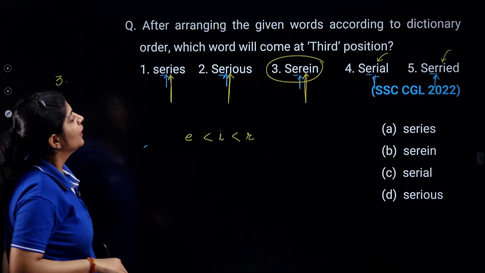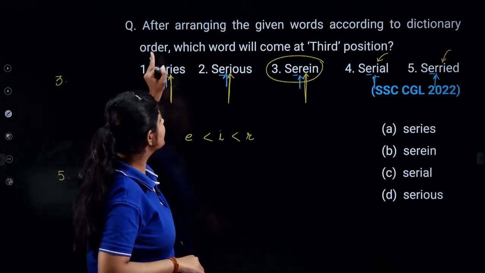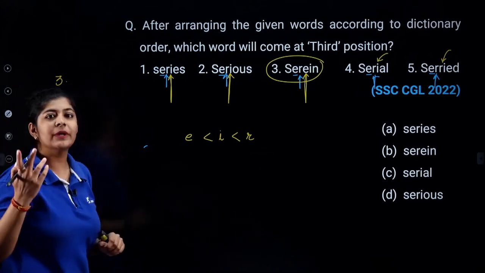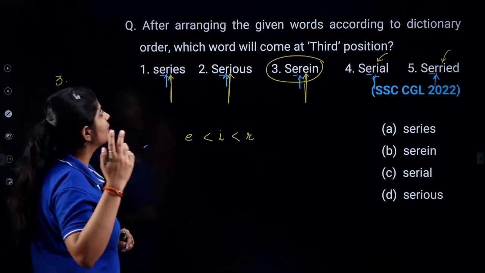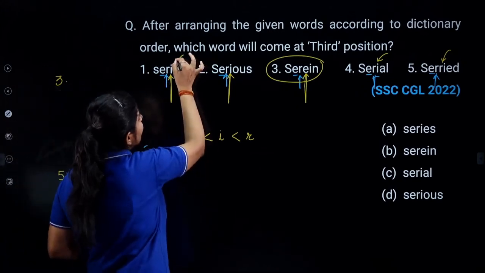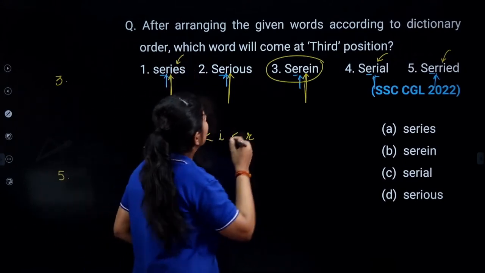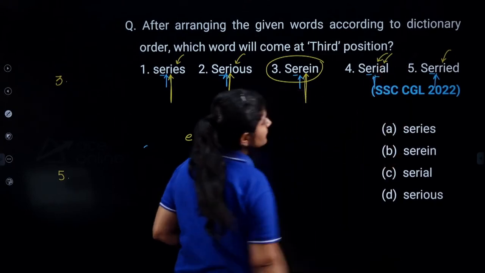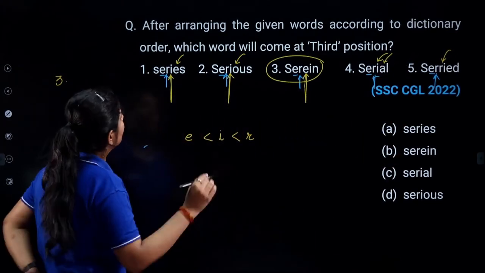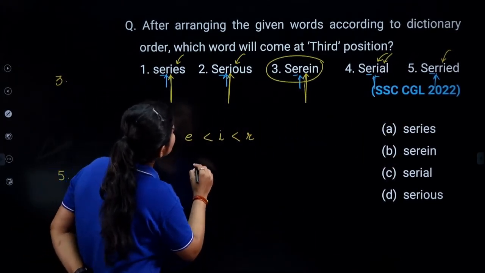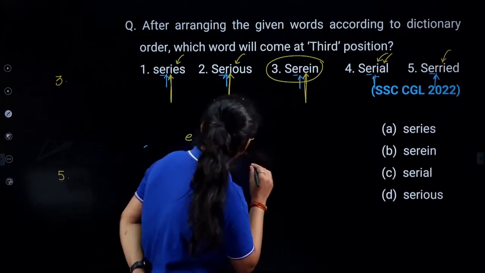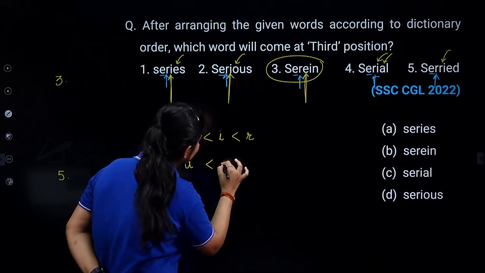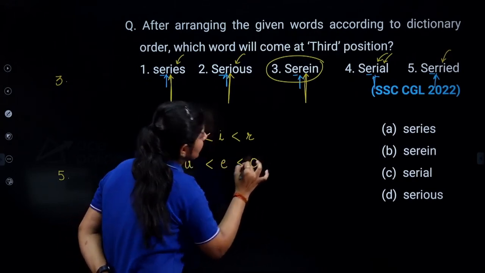Now we need to deal with the first, second and fourth words. We need to check the next, fifth alphabet. Here I have E, here O, and here A. Now we know that A comes first, after that E will come, and after that O will come.